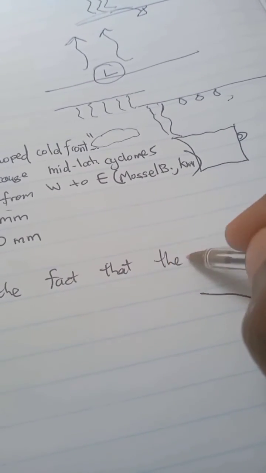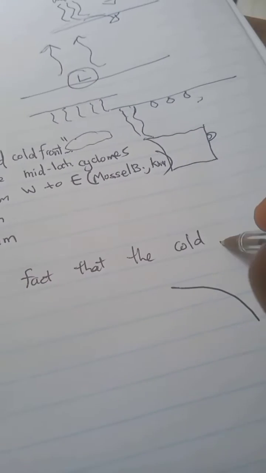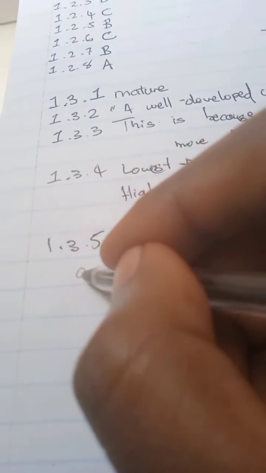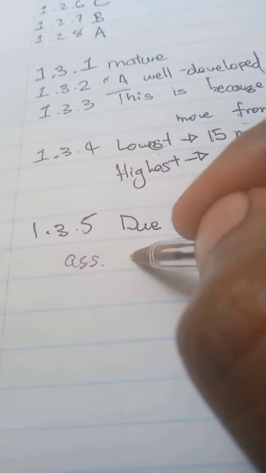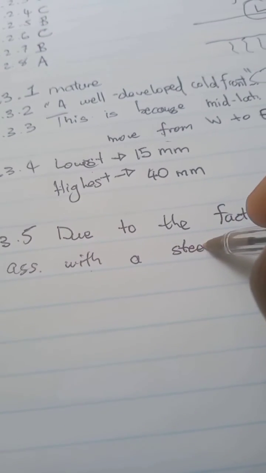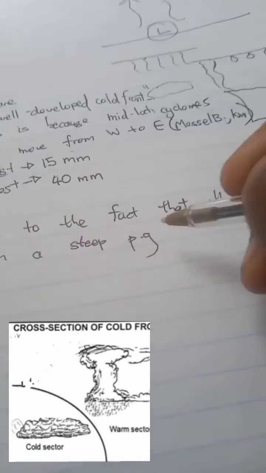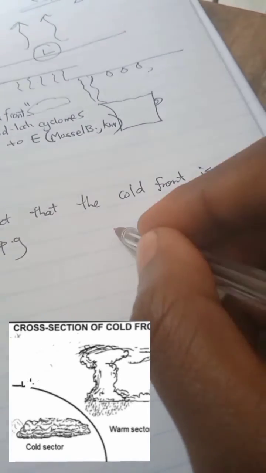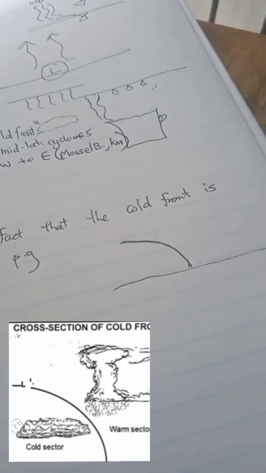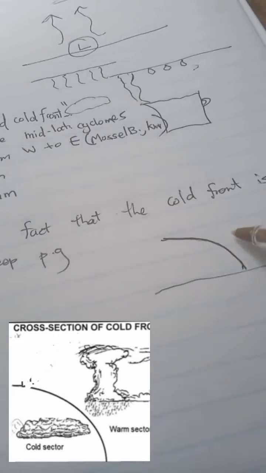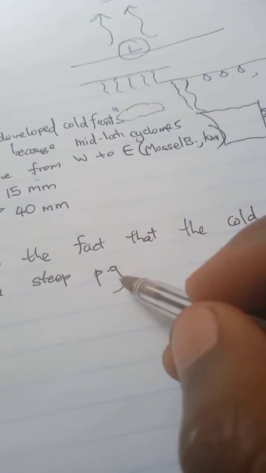I said this steep shape that you see, of course, in the cross section, this tells you about the pressure gradient, that it is steep.